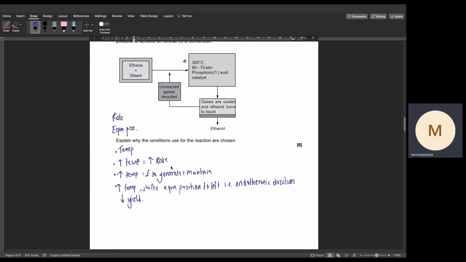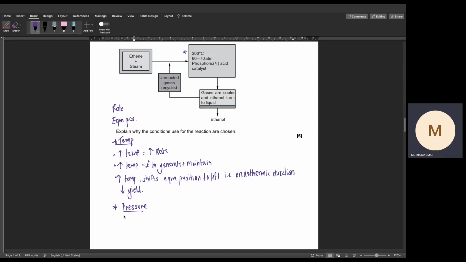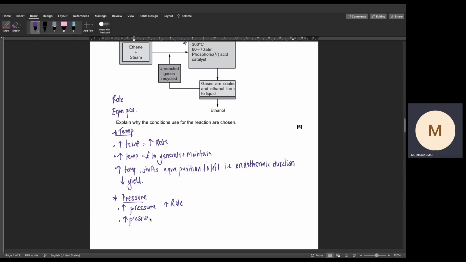The next condition we need to talk about is pressure. Increasing pressure will increase the rate of reaction. You've got more molecules in a smaller volume, which will increase your frequency of collisions, therefore your rate. However, the disadvantage of high pressures, just like temperature, is that high pressure is difficult to generate and difficult to maintain.